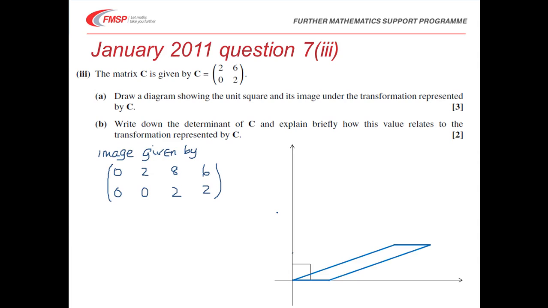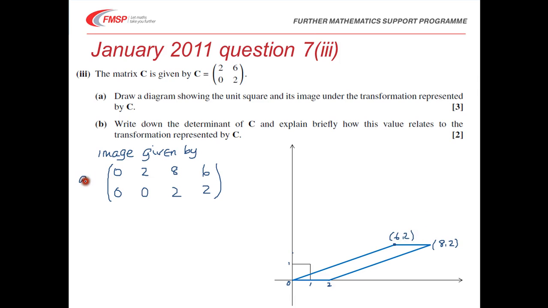So let's just have a look at that. What I've done here is I've marked the unit square, and then I've marked the point (2, 0), that's (8, 2), and that's (6, 2). And so you need to show those clearly on your diagram.